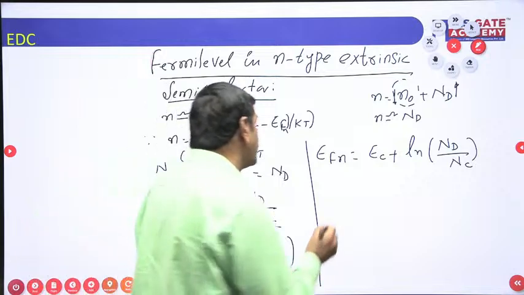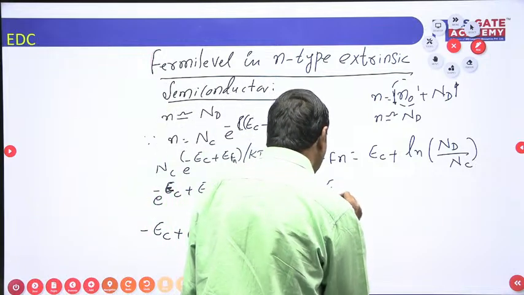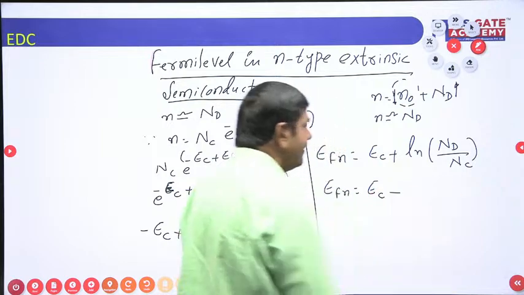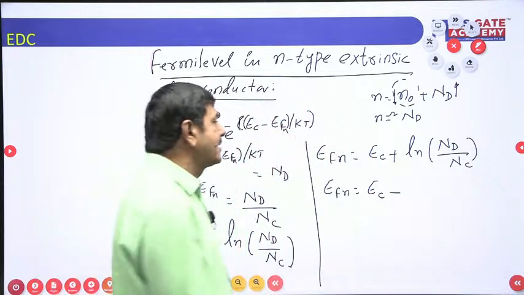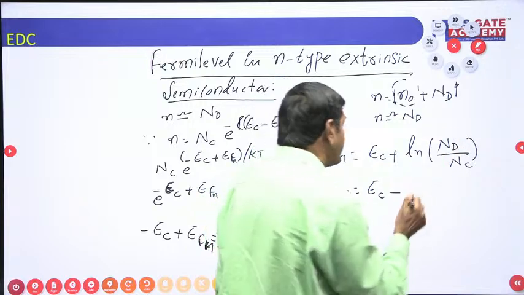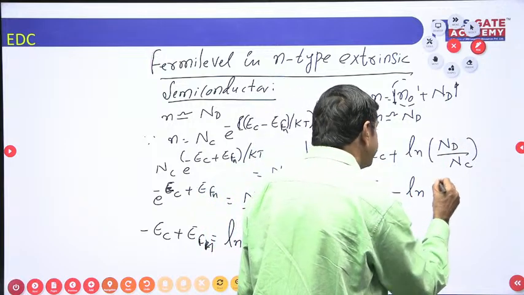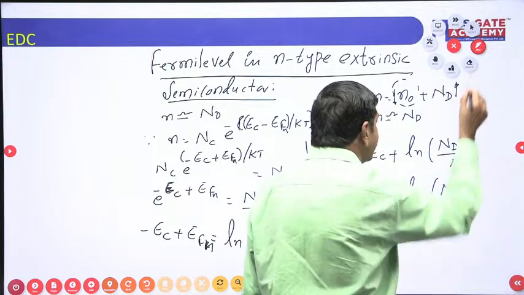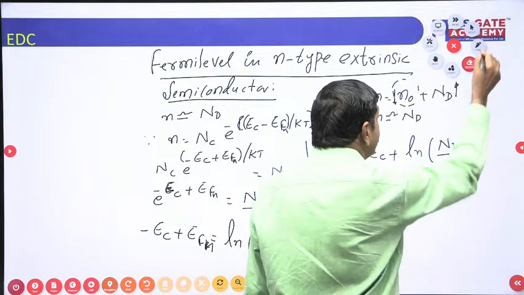That is why EFN I want to write in this way, EC minus, whenever you are writing the minus, we can reciprocate, ln of ND by NC I can write now.